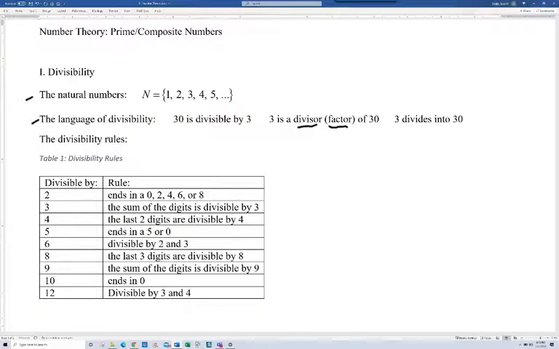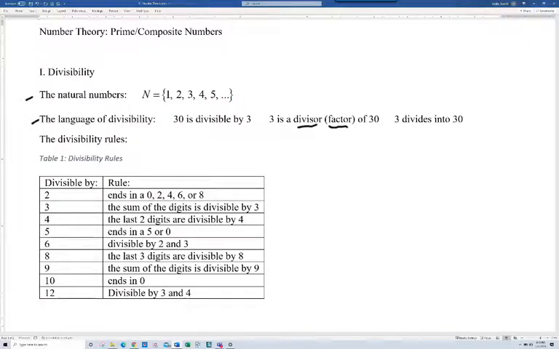You add the digits. In the case of 3, if your sum is divisible by 3, then the original number is divisible by 3. So it's a nice way to know if a number is divisible by 3. The rule for 4 is if the last 2 digits are divisible by 4, then the whole number is. Of course, for 5, it just ends in a 0 or 5.